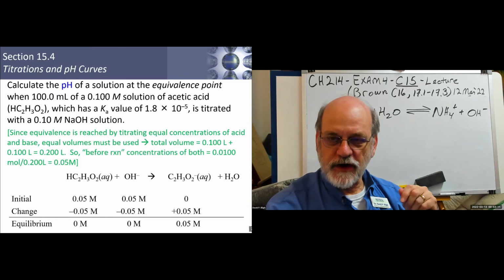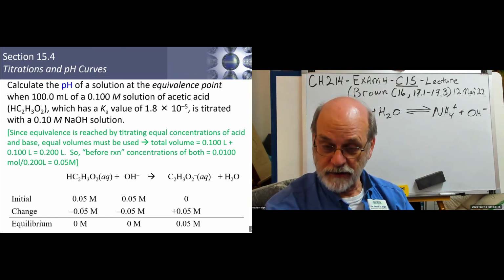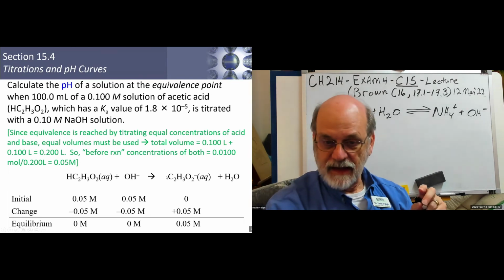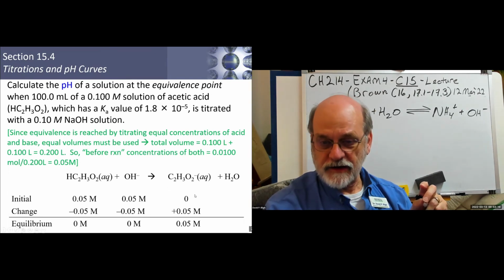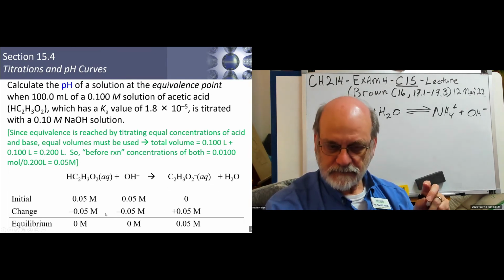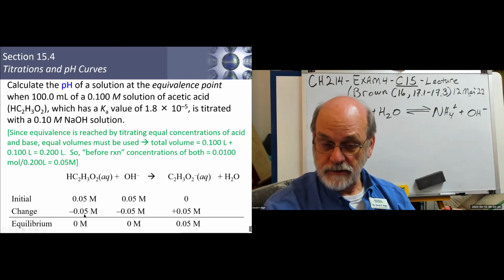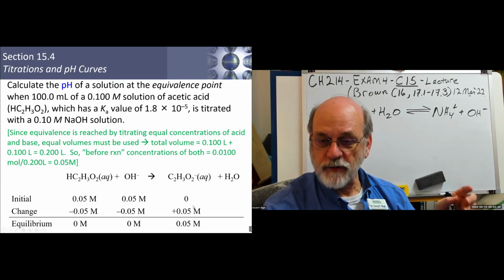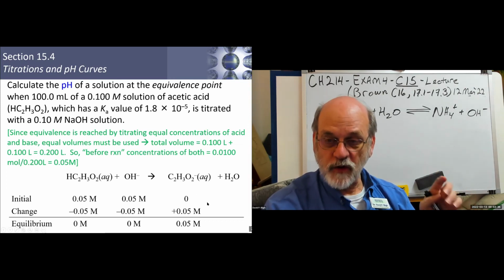You have a concentration of acid of 0.05 molar and a concentration of base of 0.05 molar, and nothing on the product side. Now, at equivalence, you don't have any acid left, you don't have any base left, and now we've produced completely C2H3O2 minus, the acetate ion. Okay, that's where we start with our equilibrium calculation.